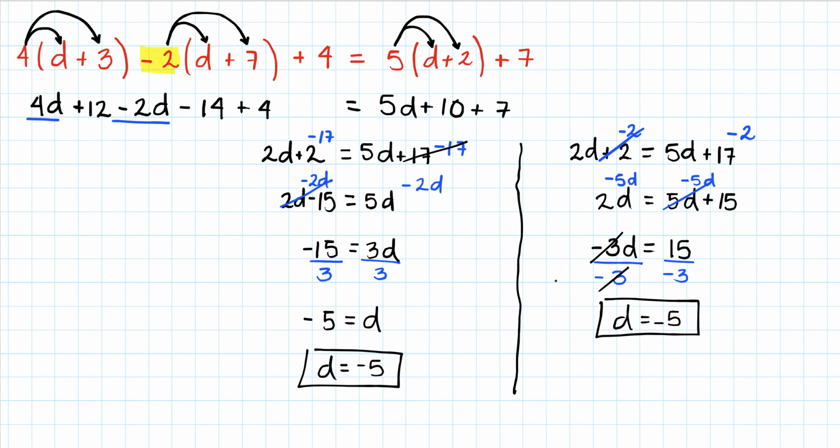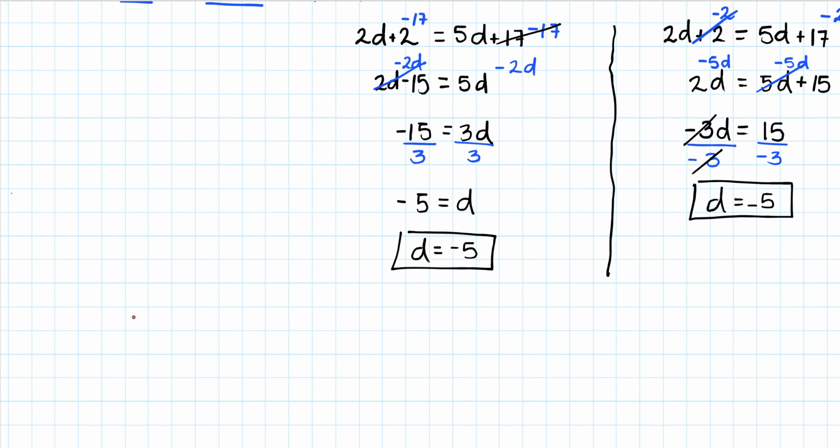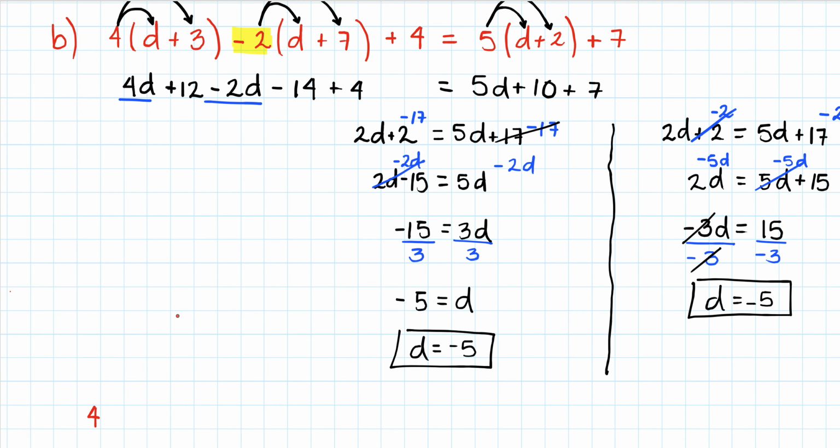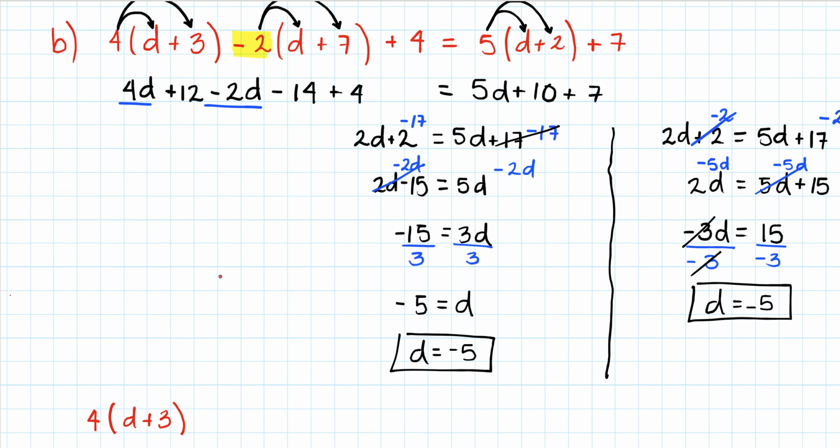We have to check our answers. To check our answer, we have to copy all this thing again. Oh dear God. So I'm going to do it here. 4(d + 3) take away 2(d + 7) plus 4 equals 5(d + 2) plus 7, given that d is equal to negative 5.